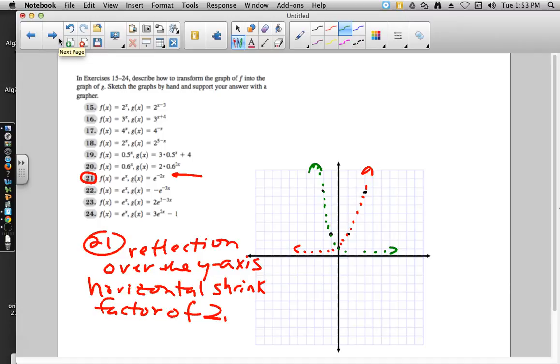And then last but not least, we need a horizontal shrink factor of 2. That means whatever we had for those x values, we have to cut that in half. So instead of a negative 1, 2.718, we will have a negative 1/2, 2.718. And instead of negative 2, 7.389, it will be negative 1, 7.389. And then we think about what's going to happen with our (0, 1).